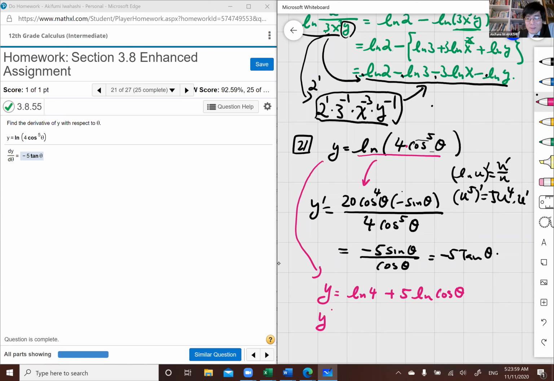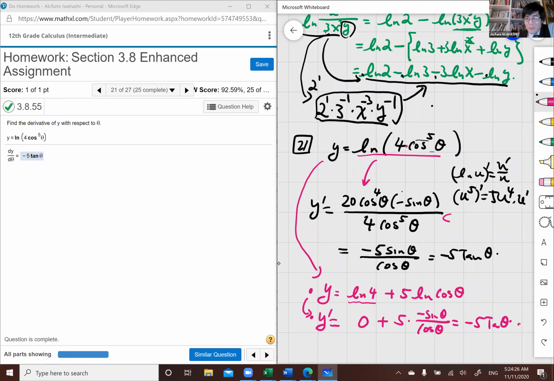The derivative of ln 4 is just the derivative of a constant, which is 0, and then the derivative of a constant times log. The derivative of ln cosine is negative sine over cosine, and you get -5 tangent. This is a much safer way because the first step doesn't take much time, and the derivative is much easier to check.